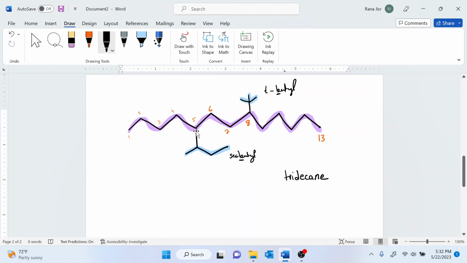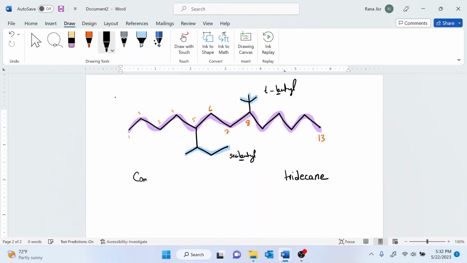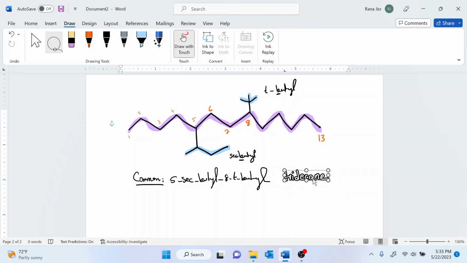So you're going to give the sec-butyl the lowest number, which is going to be 5. So the name as a common is going to be 5-sec-butyl and 8-tertiary butyl and the tridecane. There is no space in there. This is in case I ask you to name it as common.